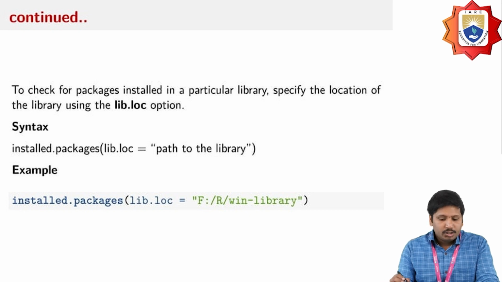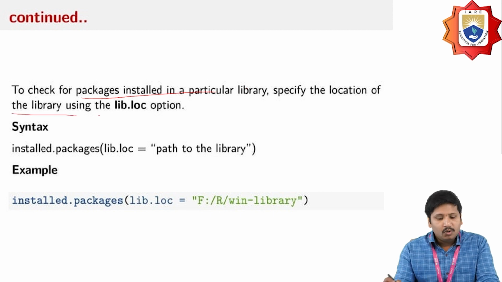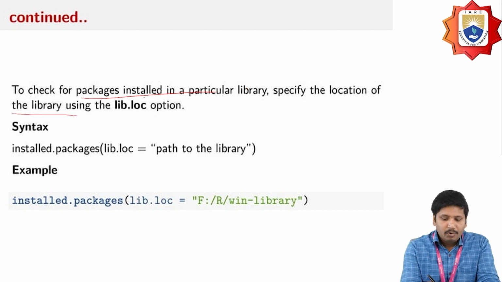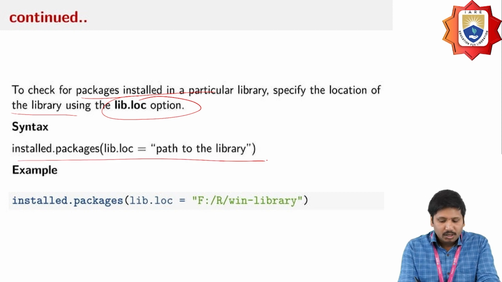To check the packages installed in a particular library, we have to specify the location of the library with the lib.loc option. The syntax is installed.packages(lib.loc = path to library).